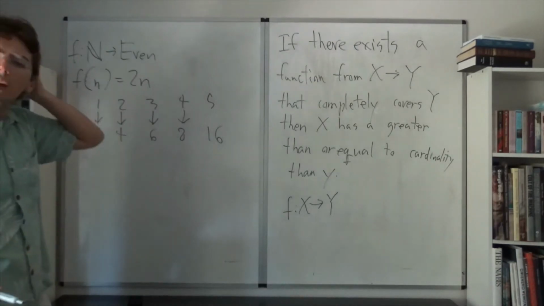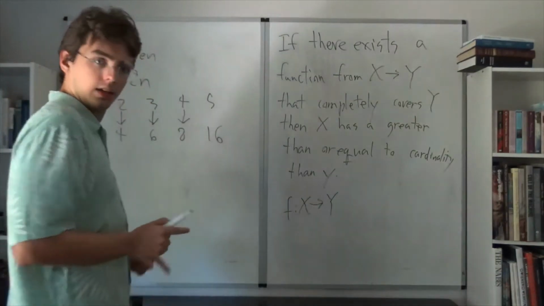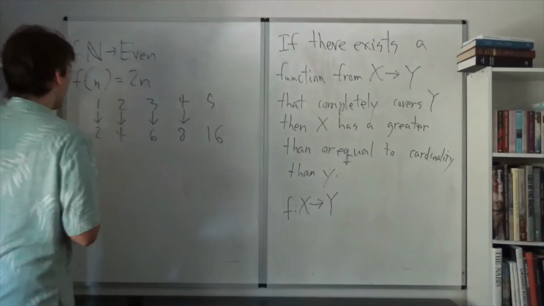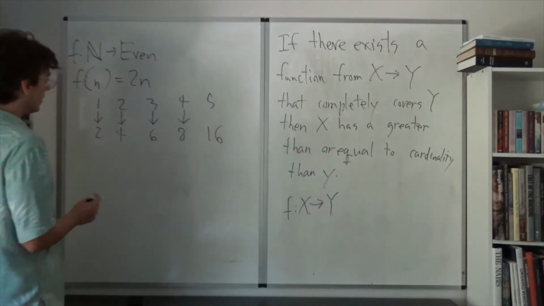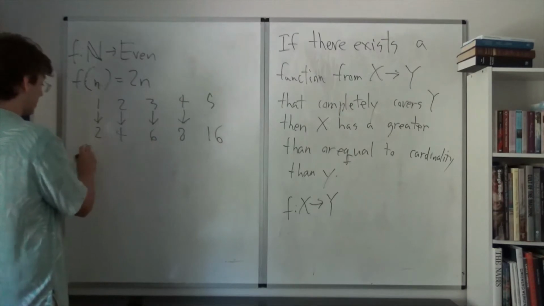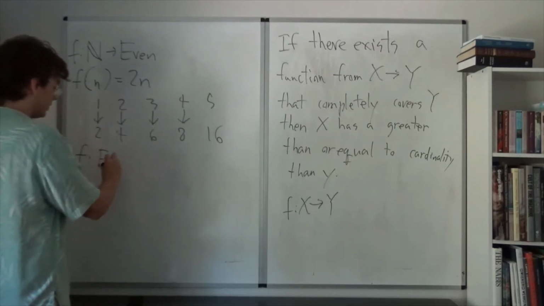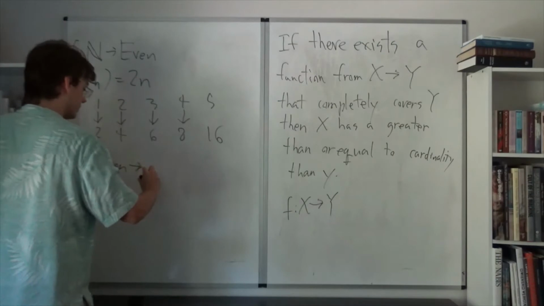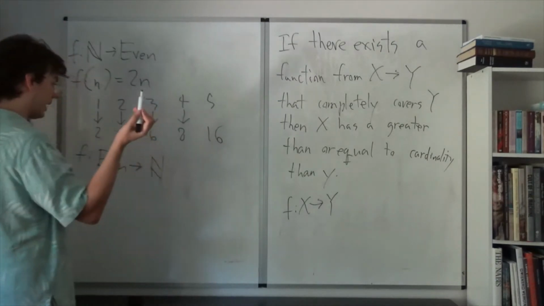What about the other way around? Can I do it the other way? Yes, that's actually pretty straightforward. If I have a function that goes from the evens to the naturals, it works the same way.